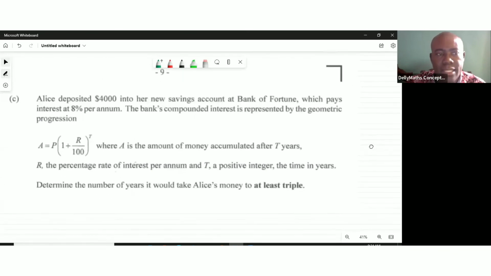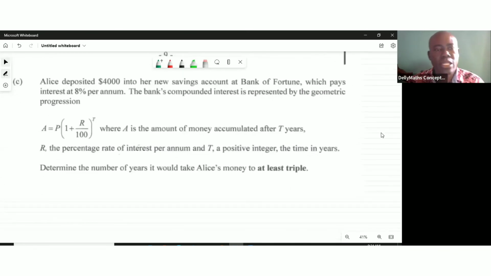The last question, number 2, C question, says Alex deposited $4,000 in her new savings account at Bank of Fortune, which pays 8% per annum interest. The bank's compounded interest is represented by the geometric progression here, where A is the amount accumulated after T years, R is the rate percentage per annum, and T a positive integer.